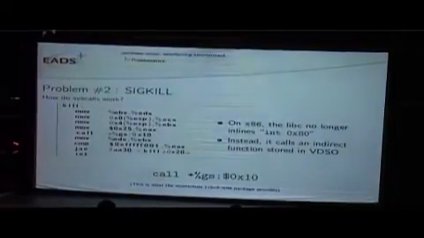So on the modern x86 platform, the libc is no longer inlining interruptions. Before, to make a system call, you just had to do an interruption like int 0x80. Now, instead, you have to call an indirect function which is stored in the VDSO.